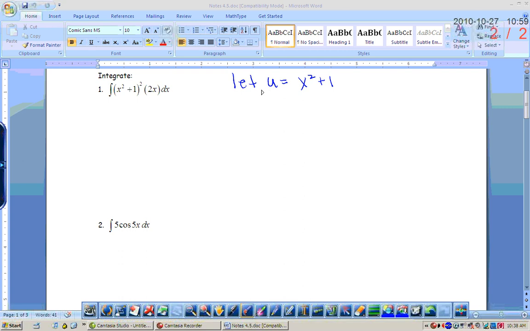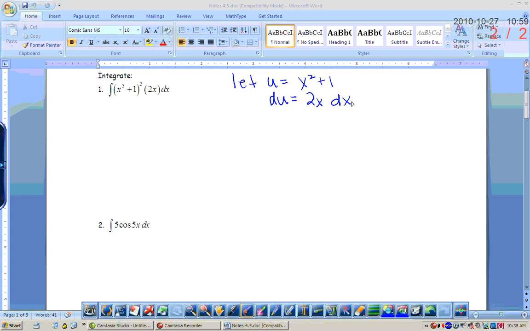And then we're going to take the derivative of u. The derivative of u we're going to write as du. And what's the derivative of x squared plus 1? 2x. But I'm going to write dx to signify that I've taken the derivative in terms of x.